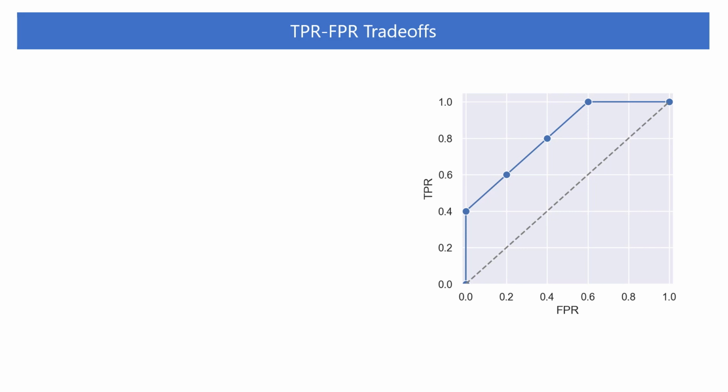Now, let me explain why the 45-degree line represents a random prediction. As mentioned earlier, in a random prediction, the model classifies all samples as positive or negative with equal probability.